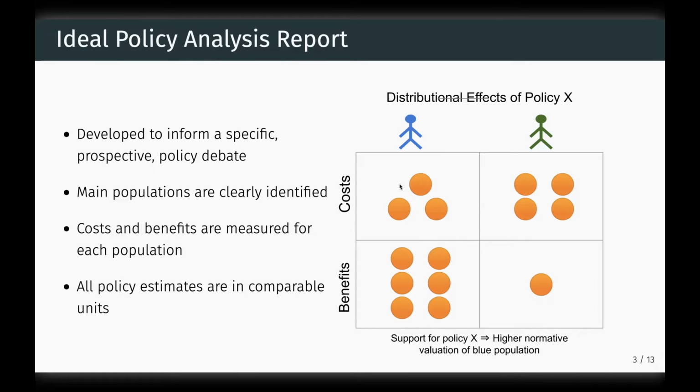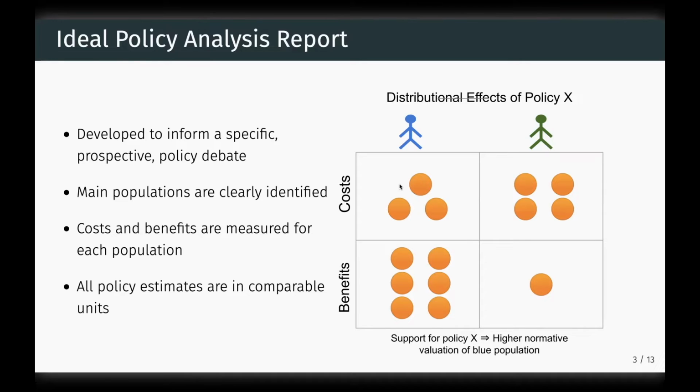So I just want to start with how an ideal policy analysis report would look. First of all, it would be developed to inform a prospective policy debate. That's an important difference with research that most often tends to inform about the effects of previous policies or interventions.